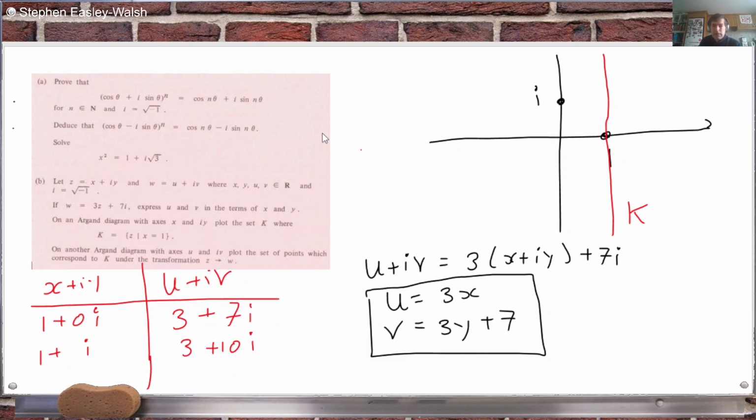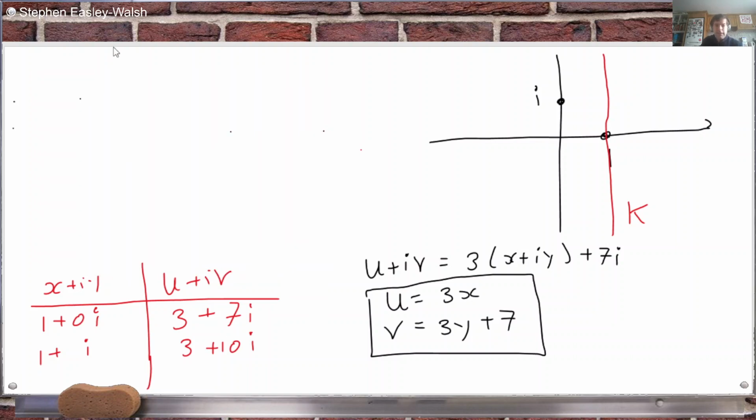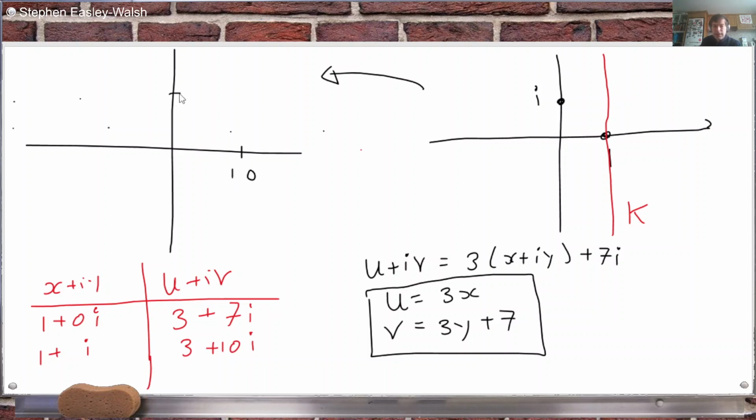I need to make 2 diagrams, okay. I'll delete that, and we'll put it here. The transformation going that way. So let's just say that's 10, and then that's 10i there.